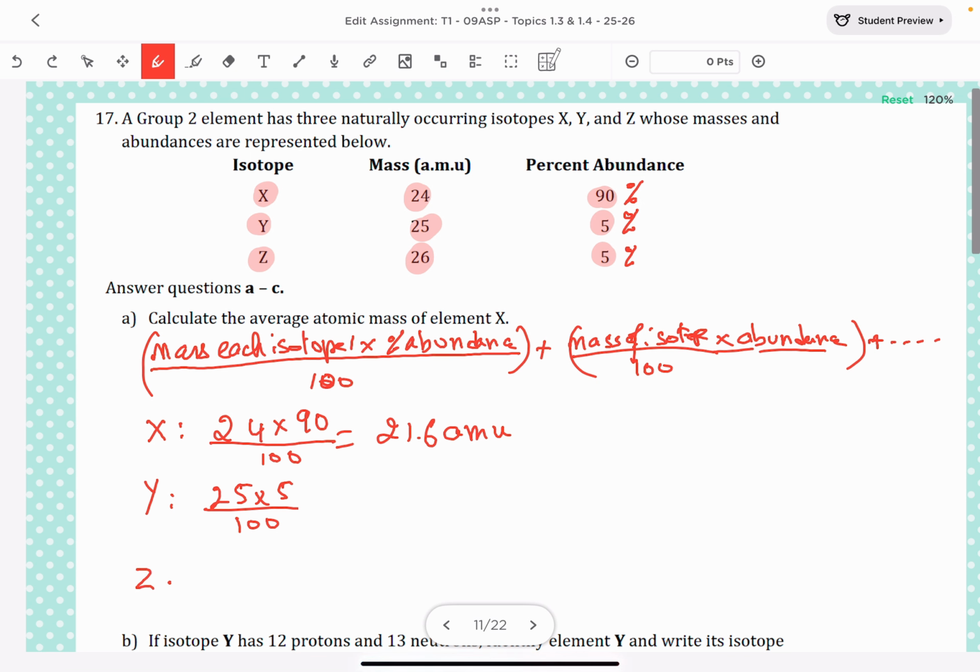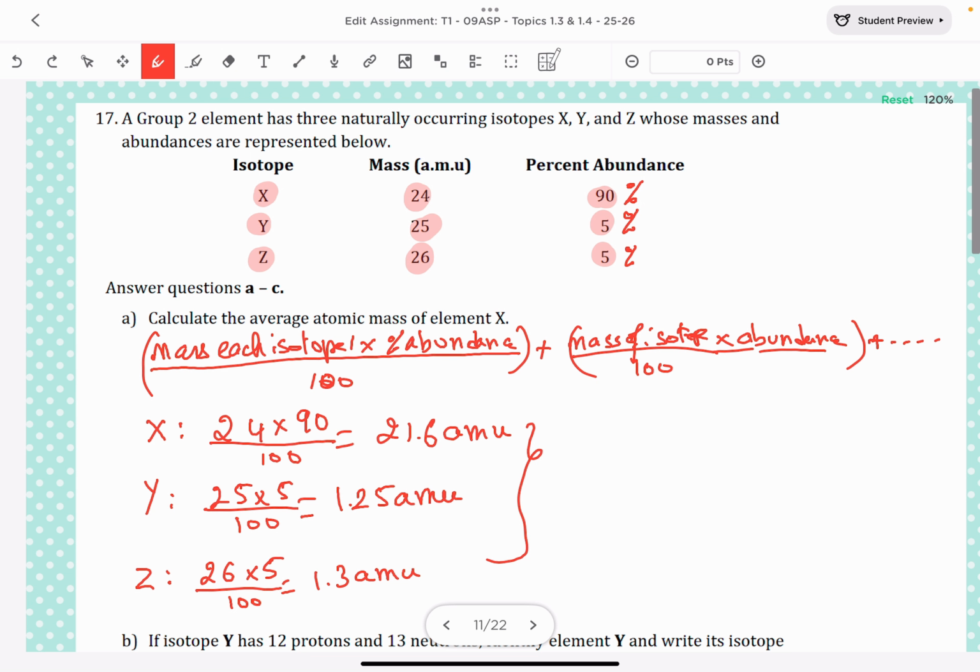And the average atomic mass contribution of isotope Z is the atomic mass of isotope Z times the abundance over 100. So 25 times 5 over 100, that is equal to 1.25 AMU. And 26 times 5 over 100, the mass is equal to 1.3 AMU.